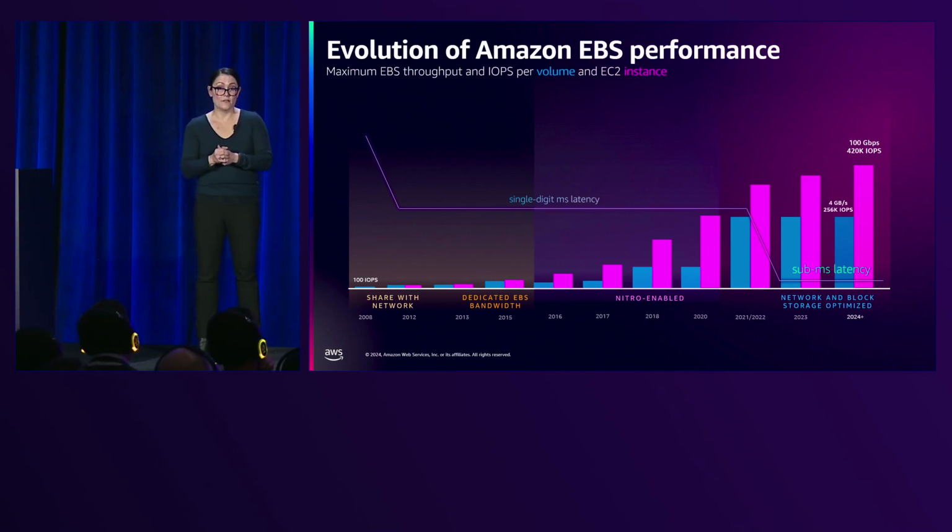You can now drive up to 256,000 IOPS through a single volume on dedicated EBS bandwidth, or up to 420,000 IOPS to a single EC2 instance. So we're constantly pushing the envelope on performance. These numbers get out of date really, really fast, so keep an eye on this. It's something that we continually improve.